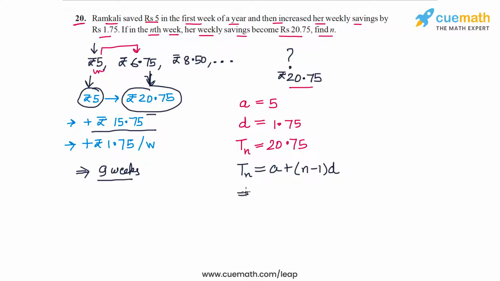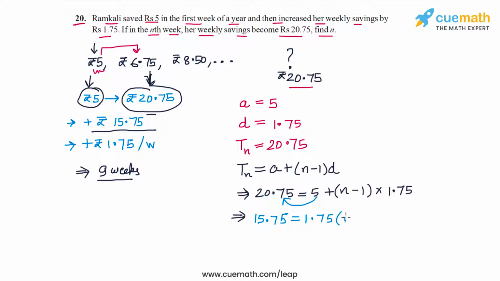So let's plug in the values. Tn is 20.75, a is 5, plus (n minus 1) times d, and d is 1.75, so it is (n minus 1) into 1.75. If I subtract this 5 from 20.75, I get 15.75, and this is equal to 1.75 into (n minus 1).